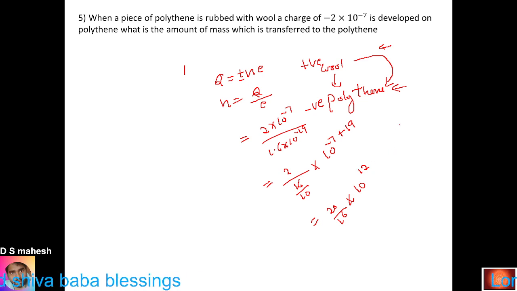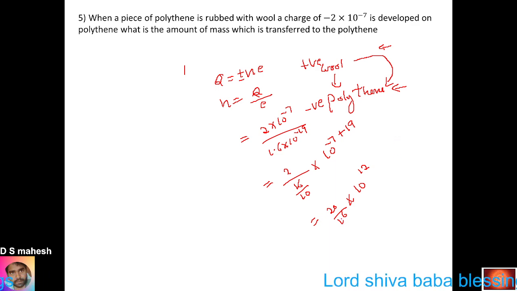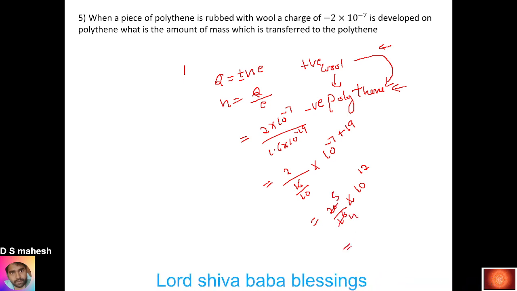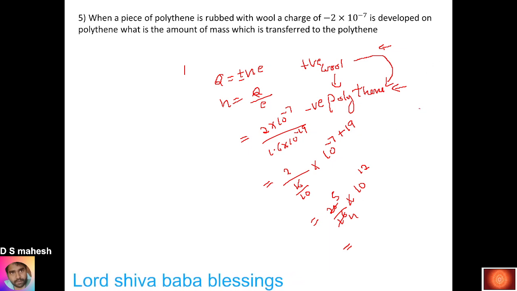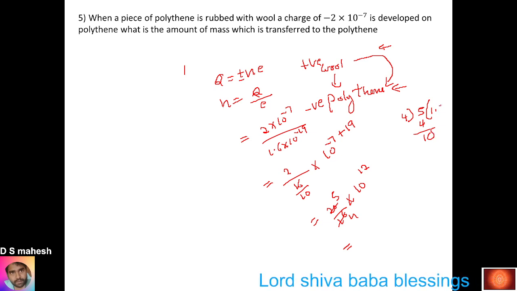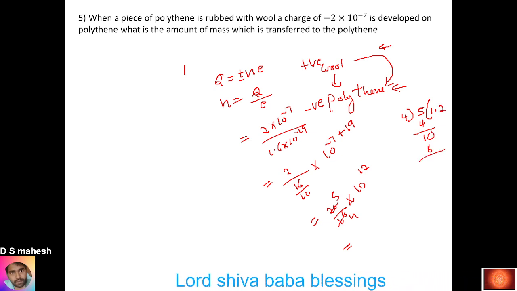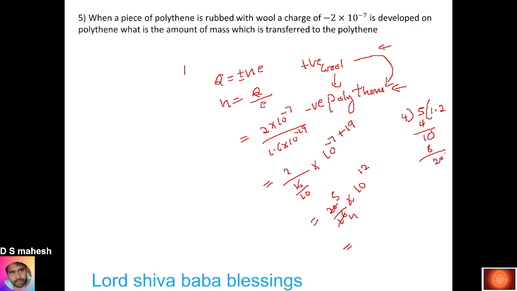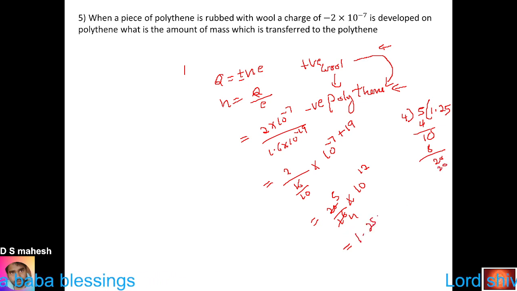So this is 20 divided by 16. 4 4s are 16, 4 5s are 20. So that is nothing but 5 by 4. 4 1s are 4, so 1 is remaining. So 0.45, 4 2s are 8. Again 2 is remaining. 4 5s are 20. So that is 1.25 into 10 to the power of 12.